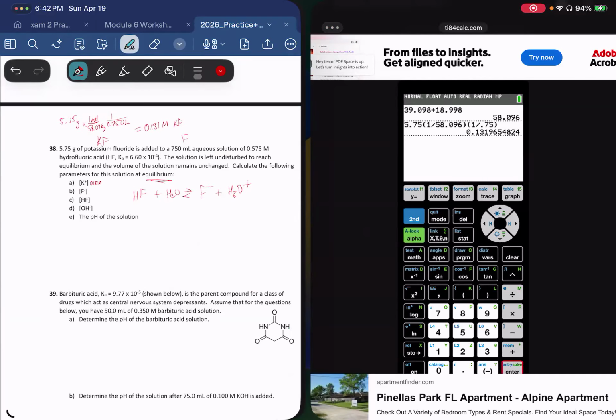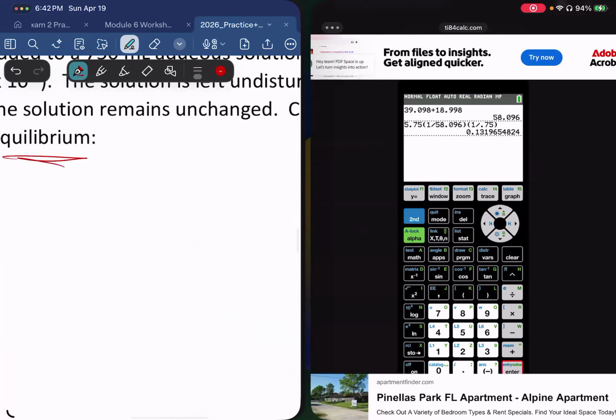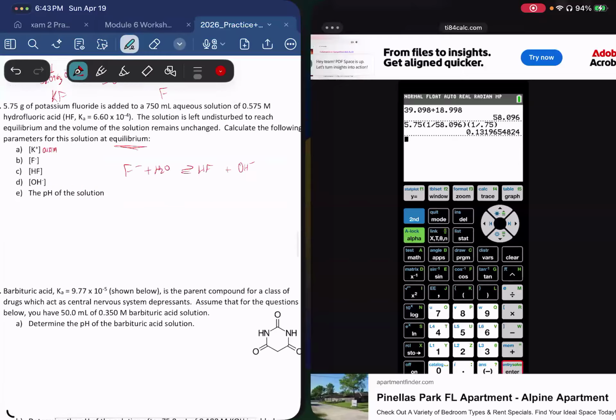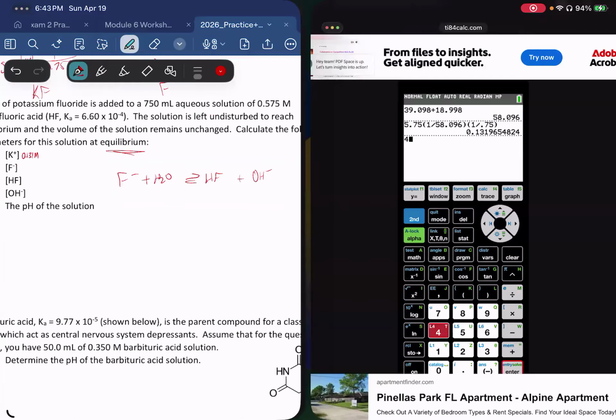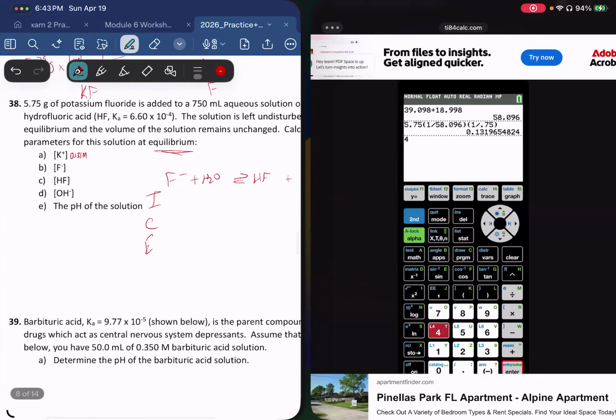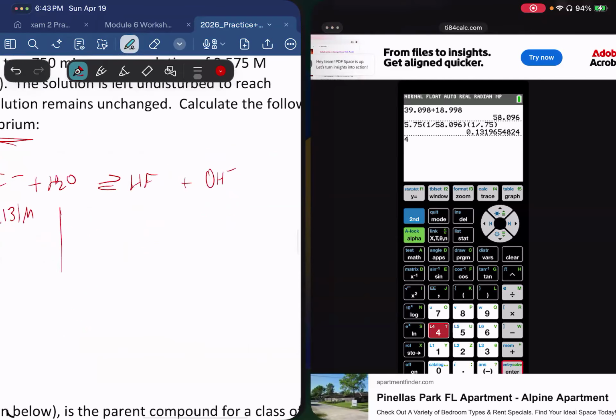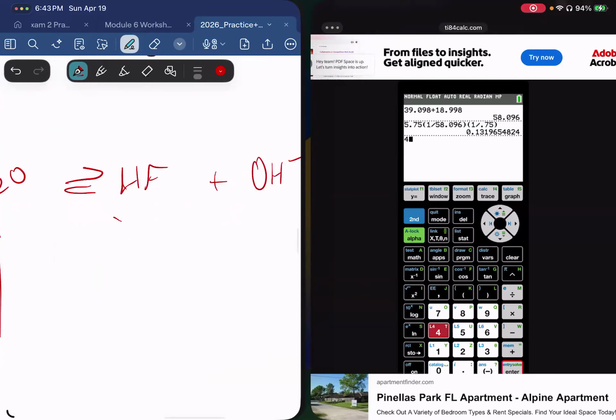Or, to make this easier, we can do F minus plus H2O yields HF plus OH minus. The reason I'm doing this is because we can figure out the OH minus by doing this. So let's do an ICE chart, and we have the thing here, it's 0.131 molar. This is water, so it doesn't count. Over here, we have 0.575 molar.